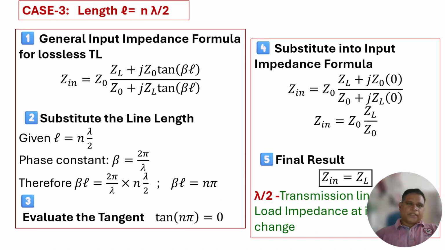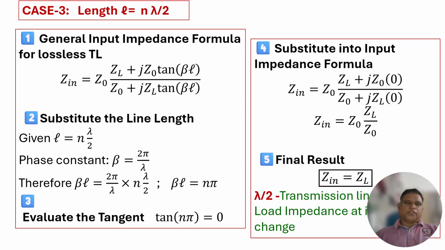Now coming to case 3, the length L is equal to n into lambda by 2. When n is equal to 0, or when n is equal to 1, this is lambda by 2. Now beta into L is equal to 2 pi by lambda into lambda by 2. Therefore, beta into L is equal to n into pi. By evaluating tan n pi for different values of n, this is equal to 0.